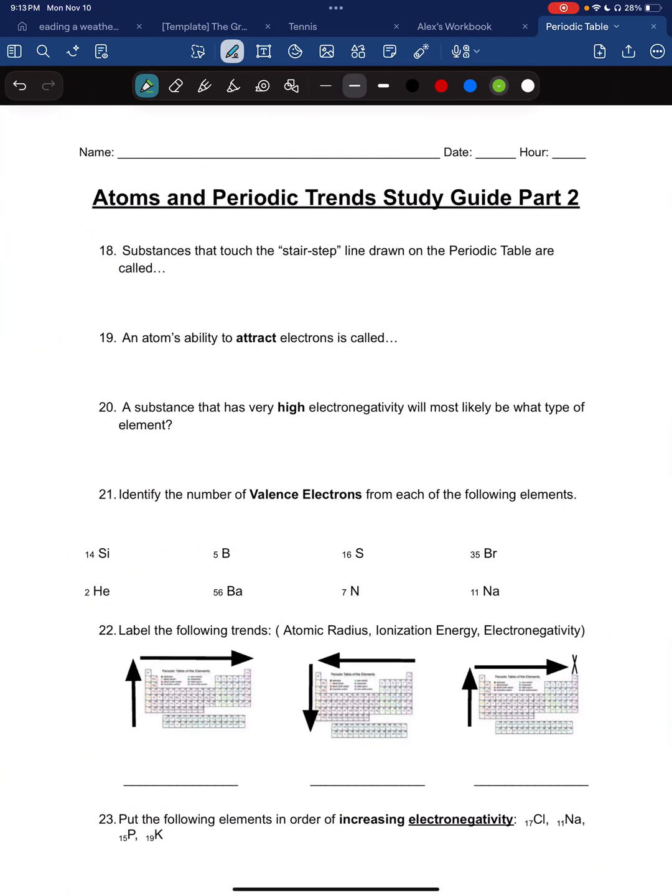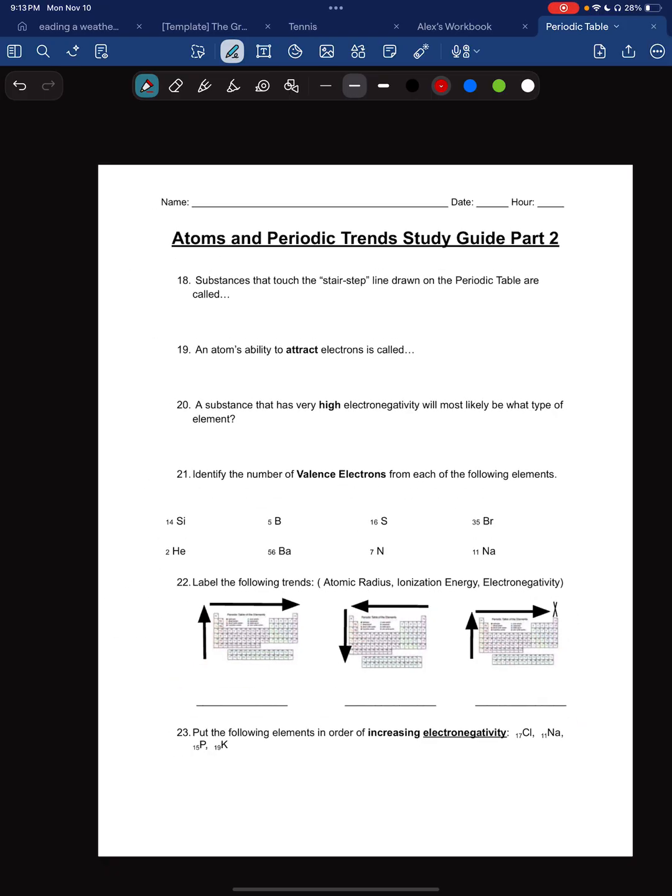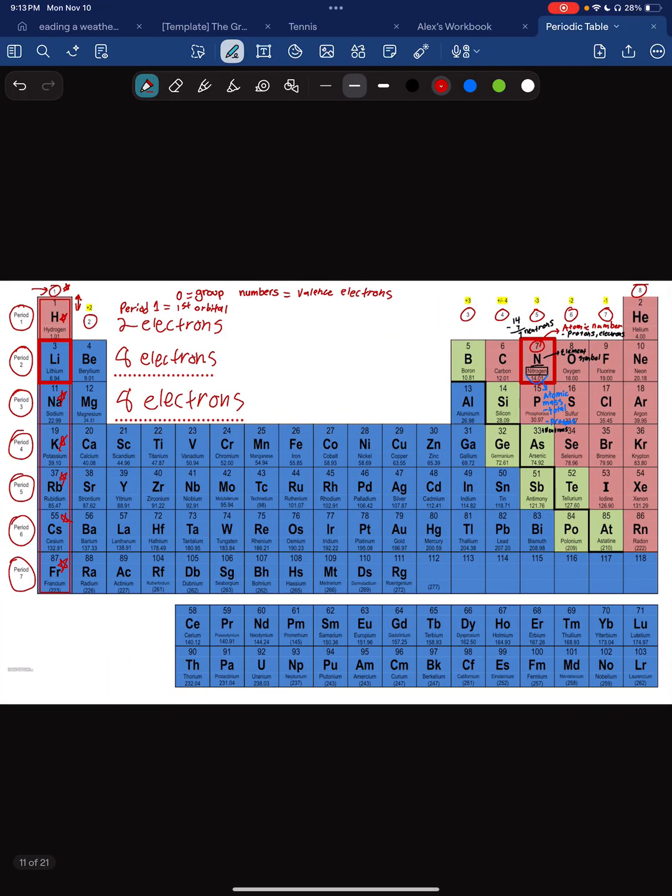All right. Now, our next page here, it says atoms in the periodic trend, study guide part 2. Perfect. So number 18, substances that touch the stair-step line drawn on the periodic table are called, so I'm going to go back to the periodic table, okay?